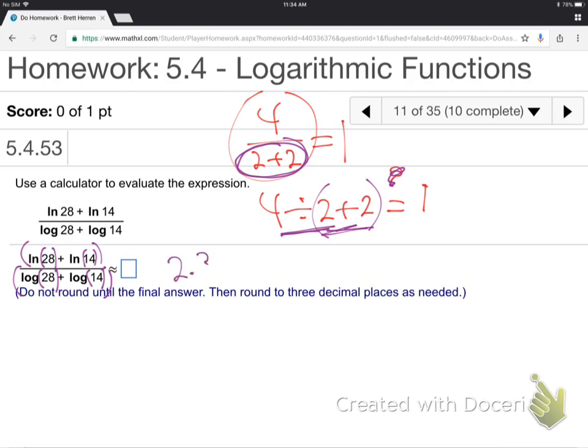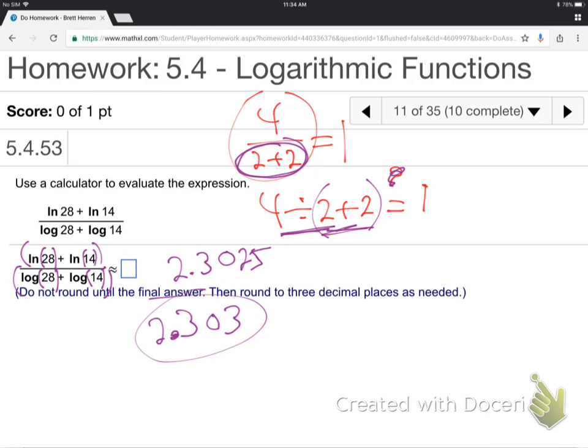I'm getting 2.30. How many places? 3 places. 2.3025, so I'll round that to 2.303, 3 decimal places. Are you able to get that? I think my answer's right.